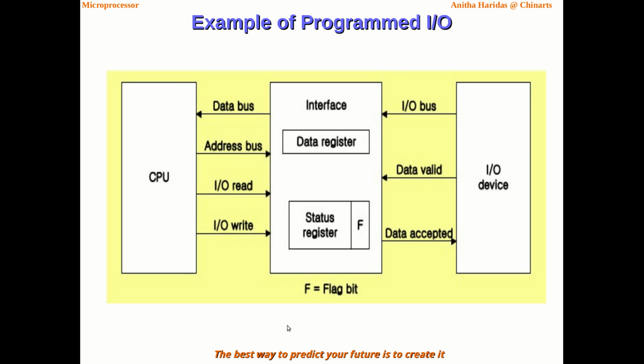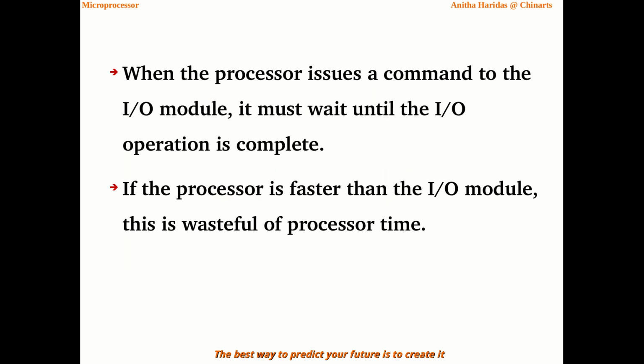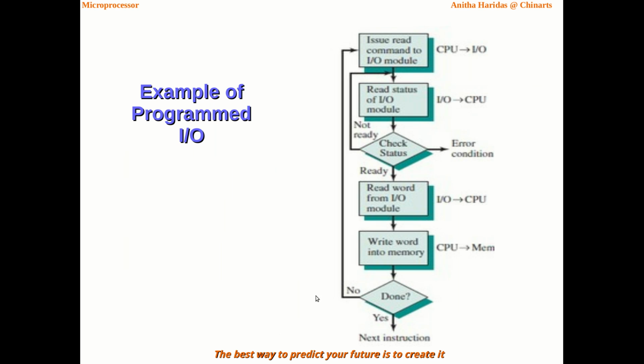So the CPU will be wasting lots of CPU cycles because it has to check the status of the device before the data transfer. It has to continuously check whether the device is ready for data transfer. So by the time the CPU cannot engage in any other program execution.